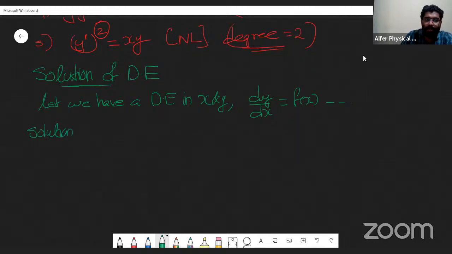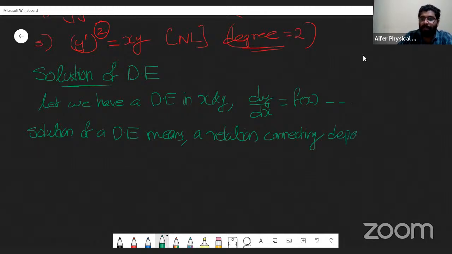Solution of a differential equation means a relation connecting dependent and independent variables.